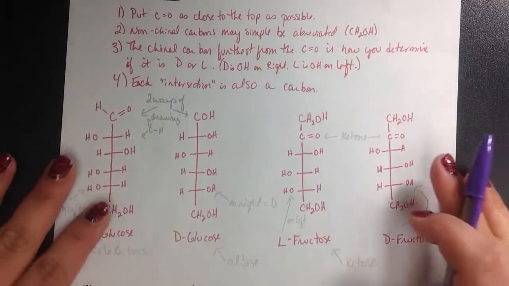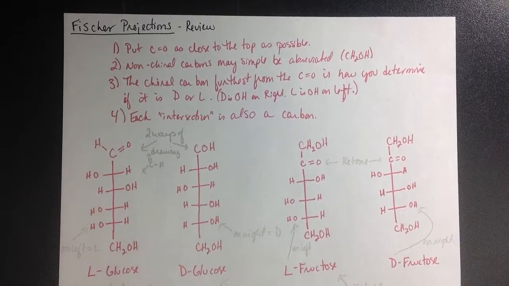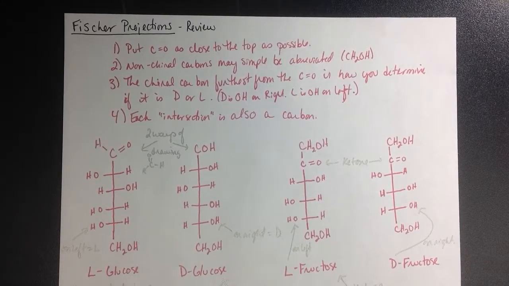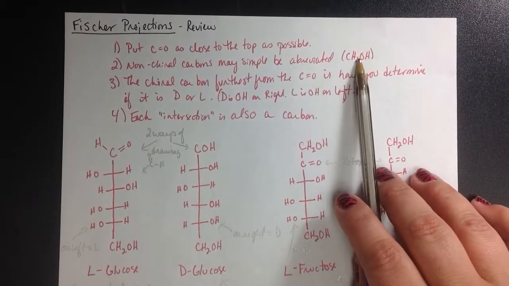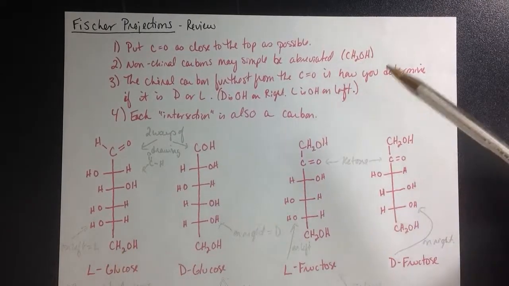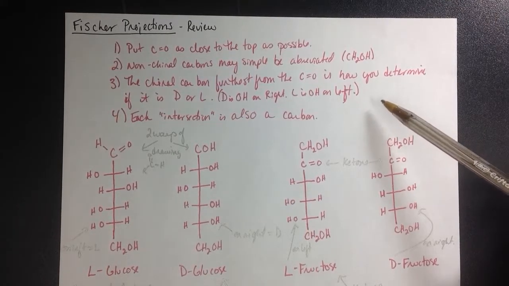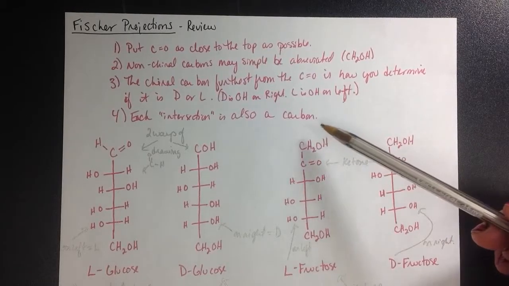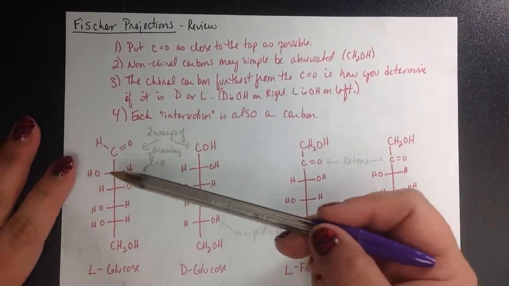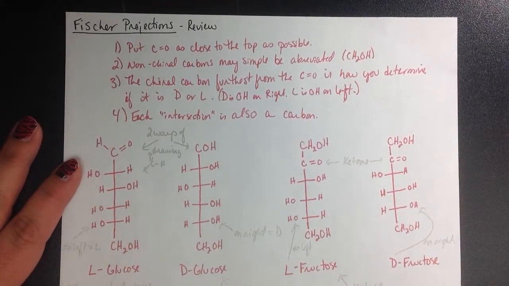Going back to Fisher projections, let's review how to do these. You put a line straight up and down, and the CO as close to the top as possible. The non-chiral carbons are simply abbreviated, something like CH2OH, like you see down here. The chiral carbon furthest from the C double O bond is how you determine if it's D or L, and each intersection is also a carbon, so they're specifically chiral carbons. So that means you've got 1, 2, 3, 4, 5, 6 carbons there.